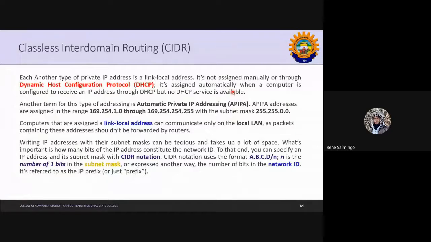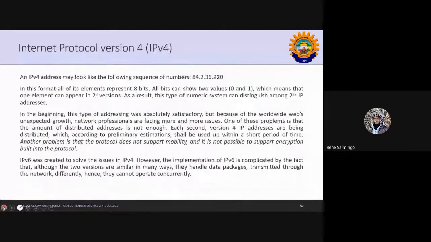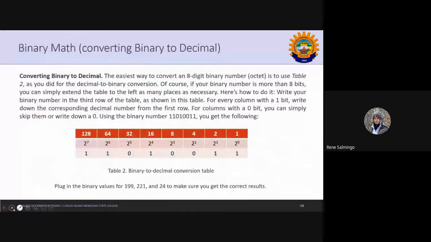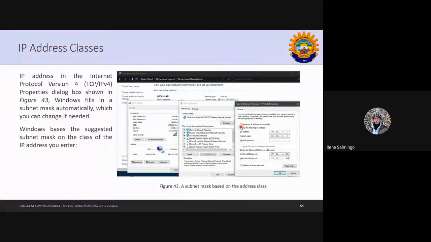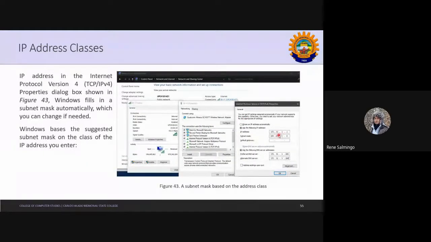If you press assign automatically, as we know from the previous lecture, if you put obtain an IP address automatically, it would just be vacant here. So you could not write anything if you select obtain IP address automatically. And also it would be default.